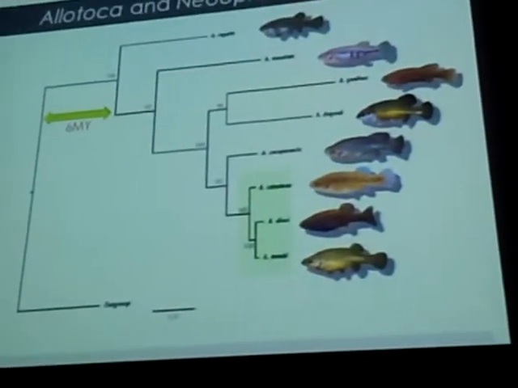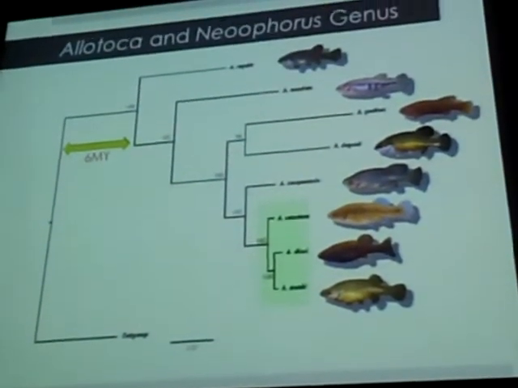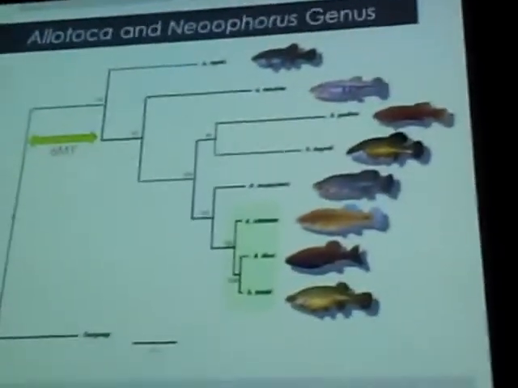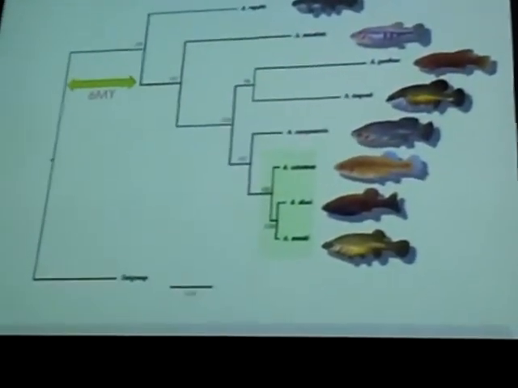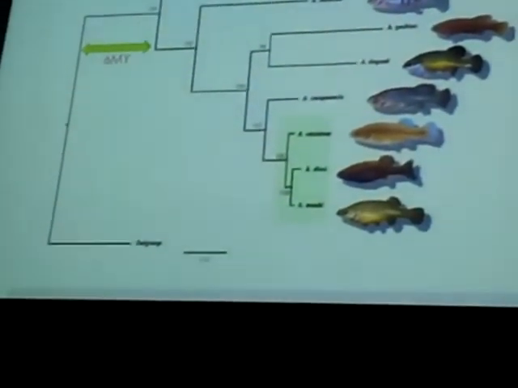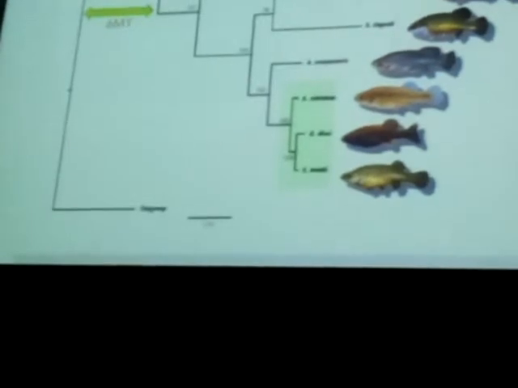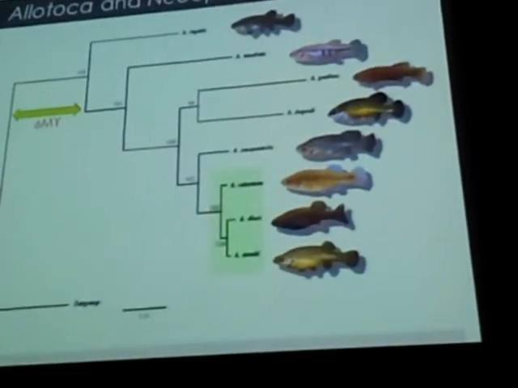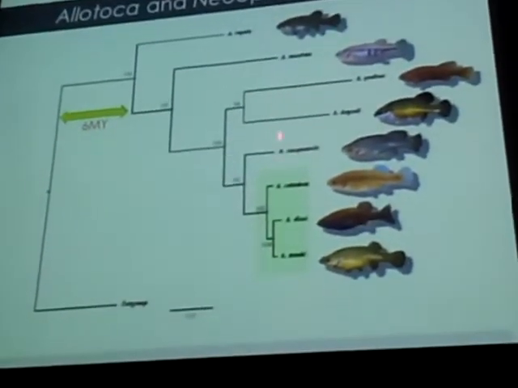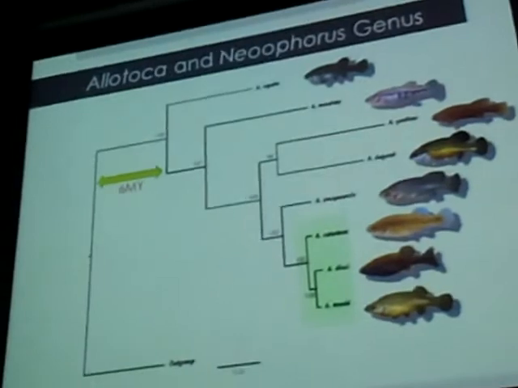The Allotoca genus originated around 6 million years ago, beginning in the Miocene and the Pliocene, and the diversification of the genus took place around the Pleistocene.